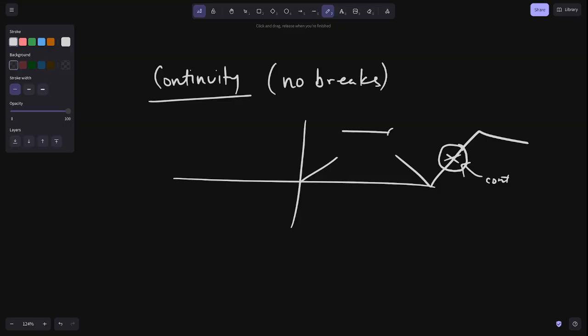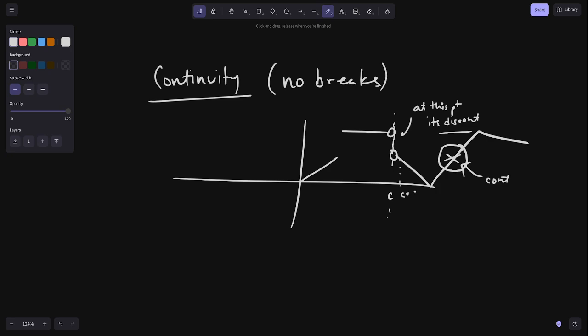But let's see at this point the graph breaks, so we will say at this point it's discontinuous. Okay, so logically, don't think very logically, at this point, let this point be C. Let's move a little bit ahead of C. Let's say this point.